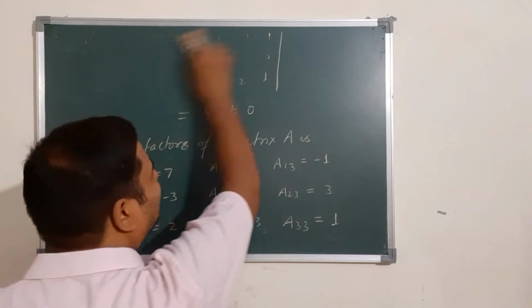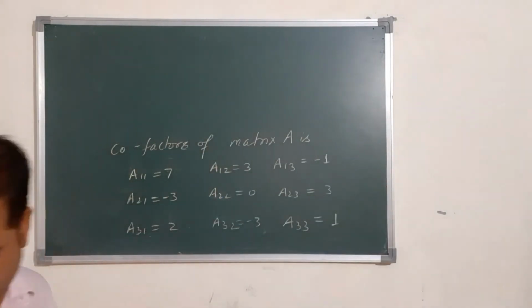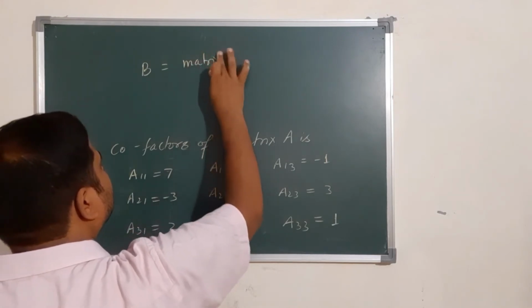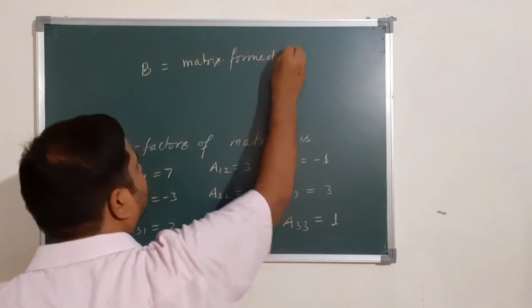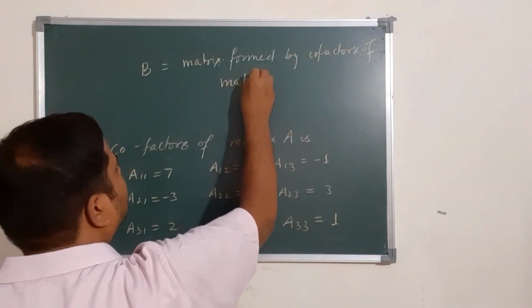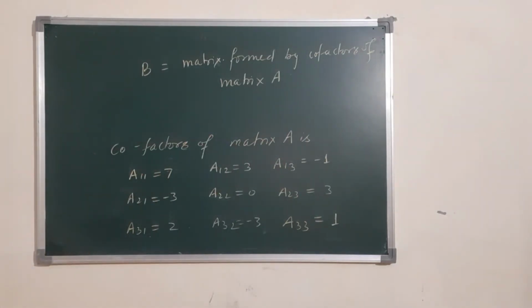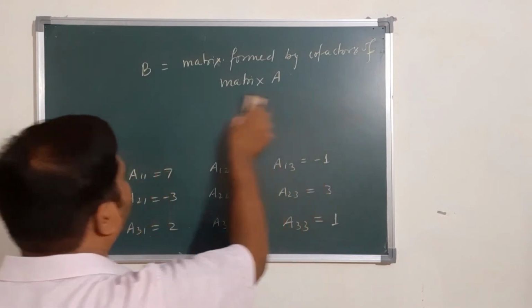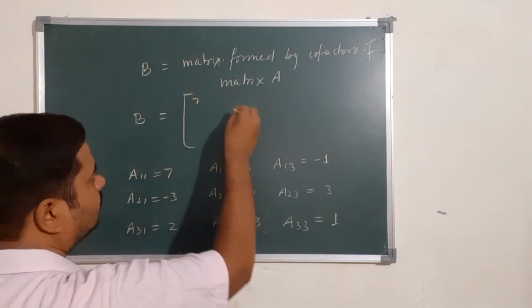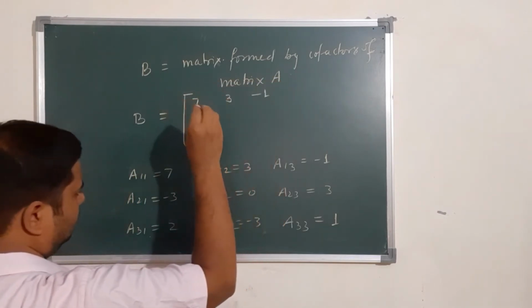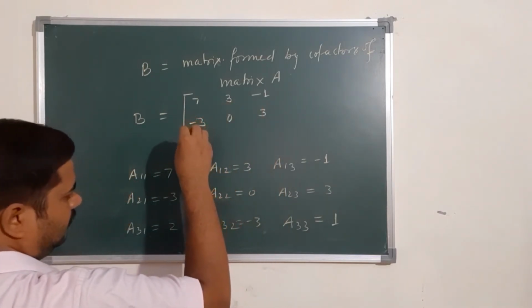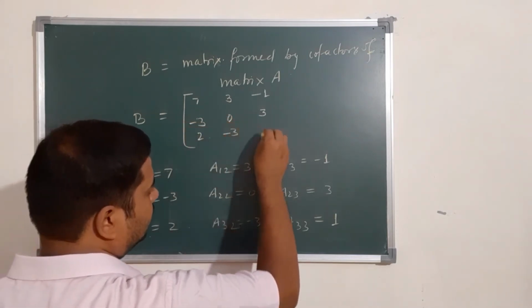So matrix B is the matrix formed by the cofactors of matrix A. B is equal to 7, 3, minus 1; minus 3, 0, 3; 2, minus 3 and 1.